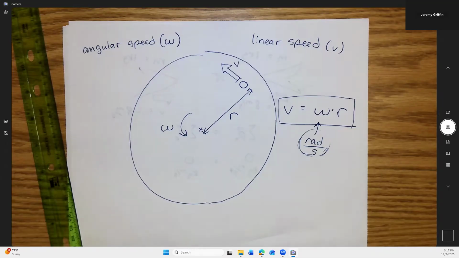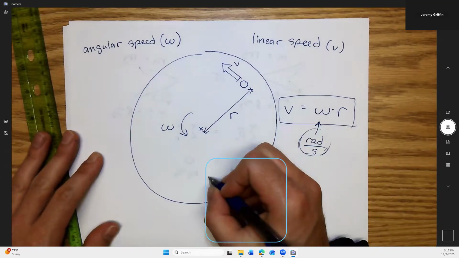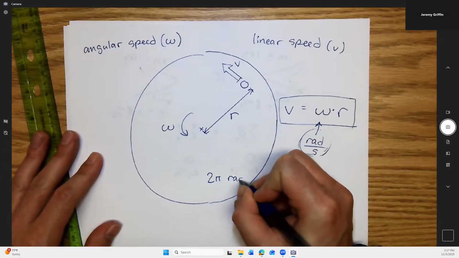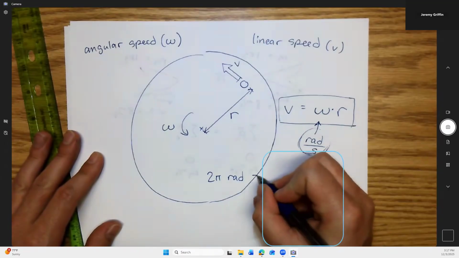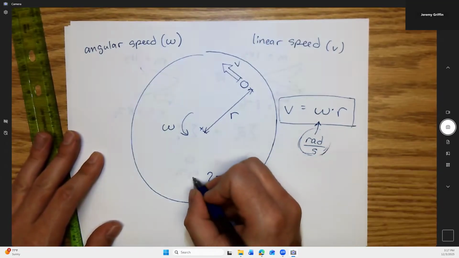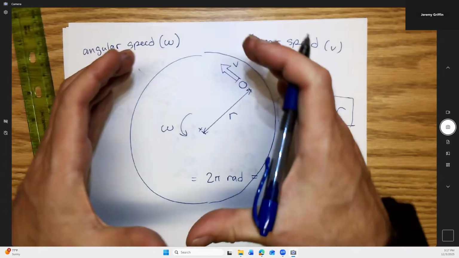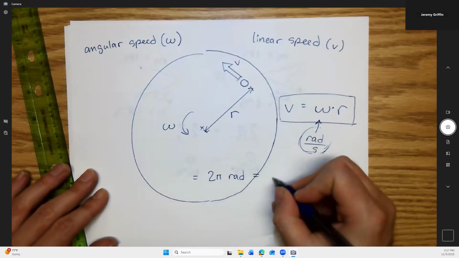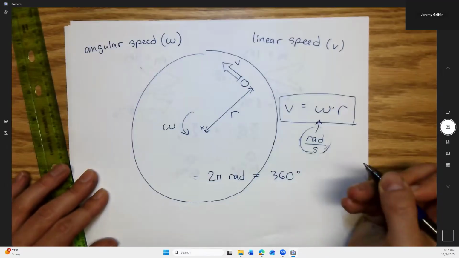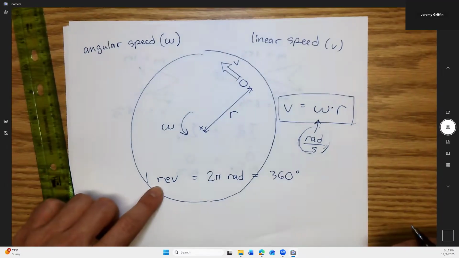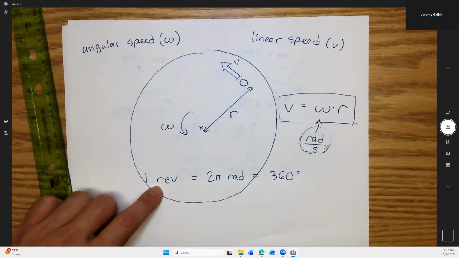What is one radian? Let's talk about that. Okay. What is 2 pi radians equivalent to? Radians is something how far it's turned. 360 degrees. Or you could say one revolution, which is the R that shows up in RPM, revolutions per minute.